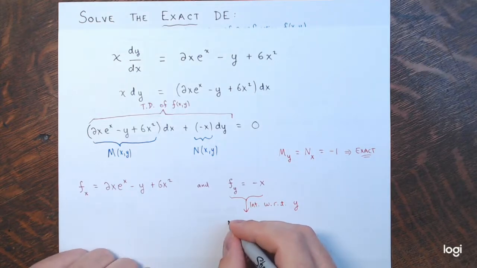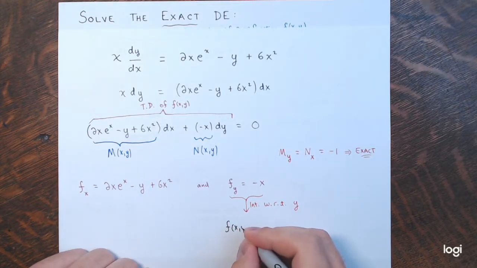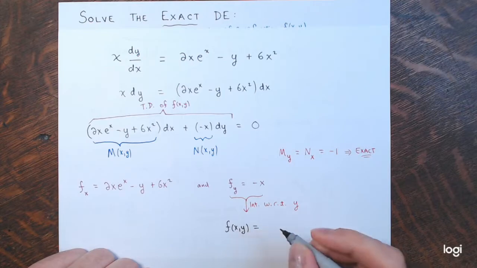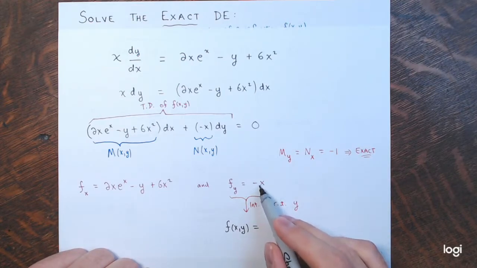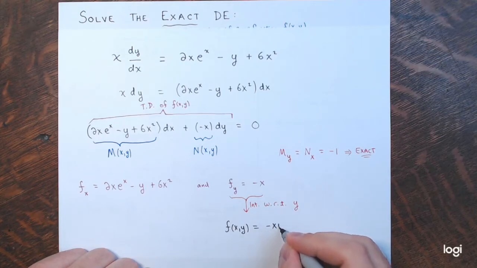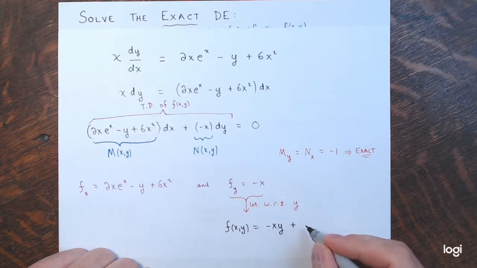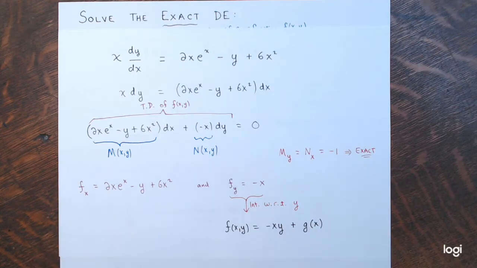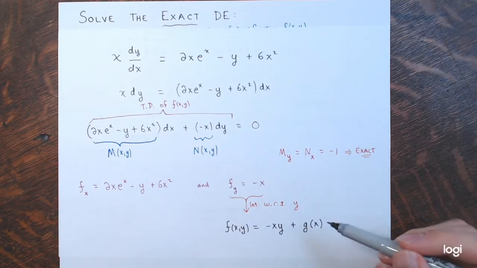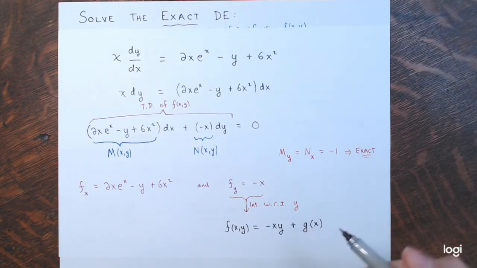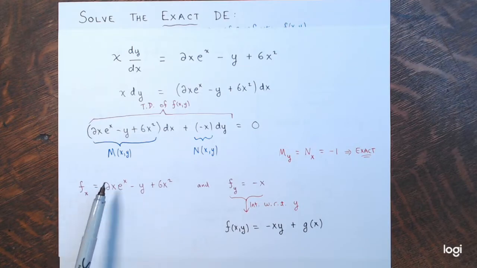So f of xy will be equal to, and again, when you're integrating with respect to y, x is treated as a constant, so this would be just negative xy, and then plus, now not just c, but some function of x. So I'll call this g of x. And now my goal is to find g of x using the partial of f with respect to x.